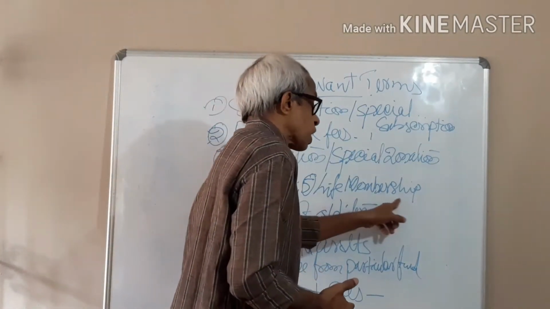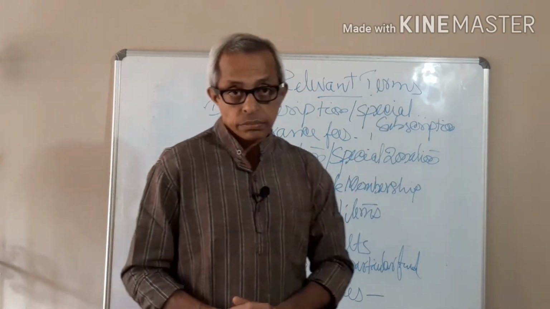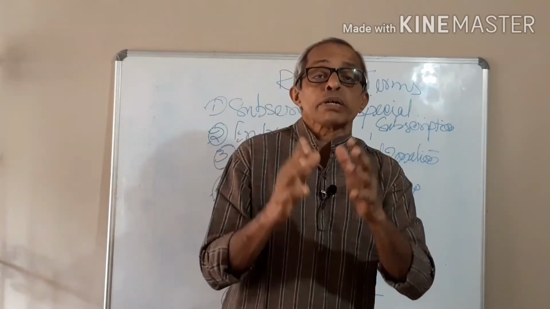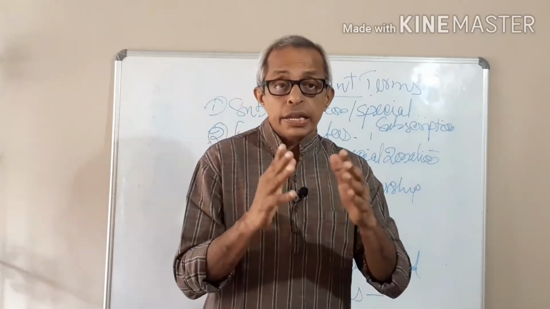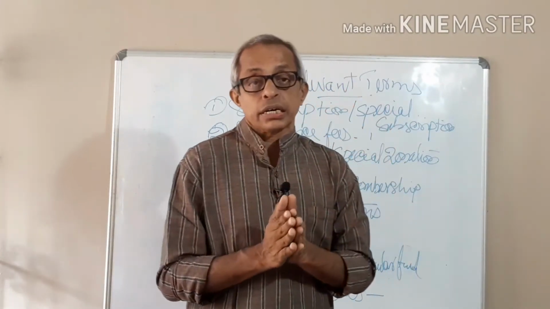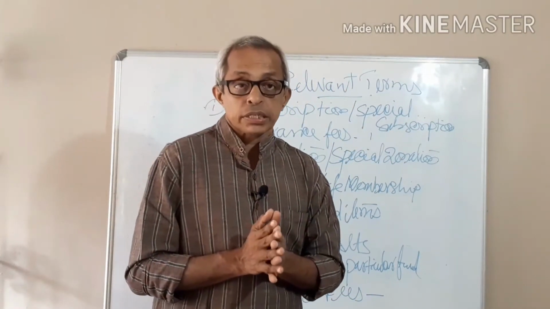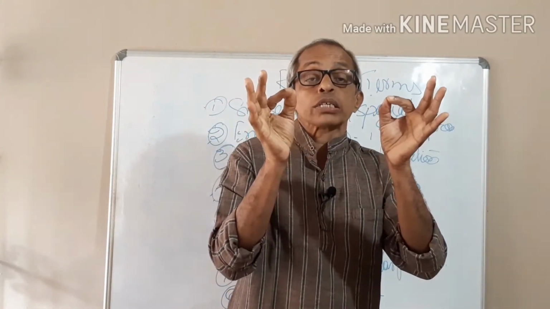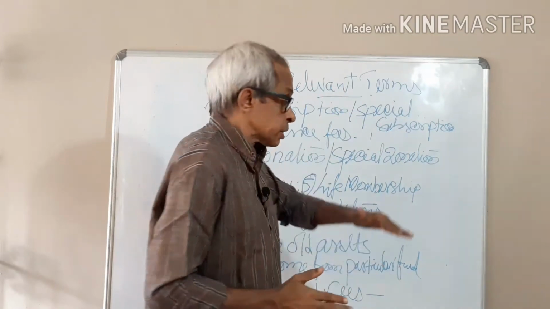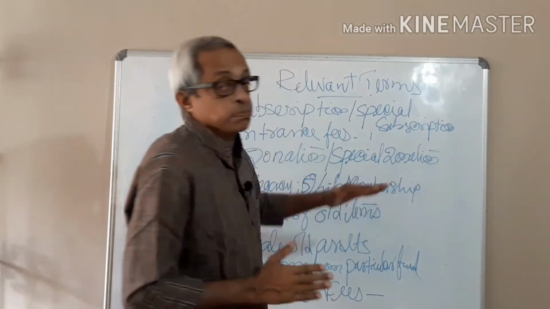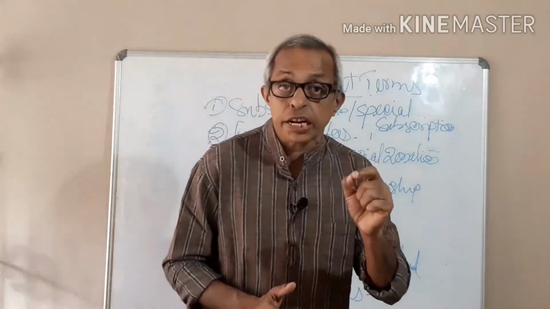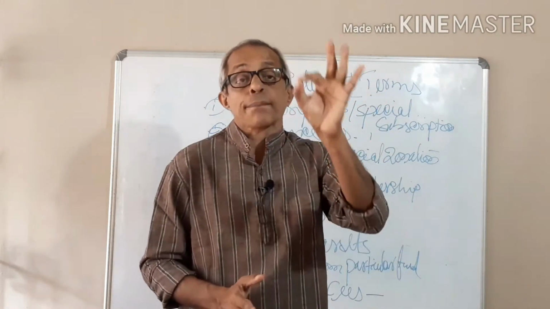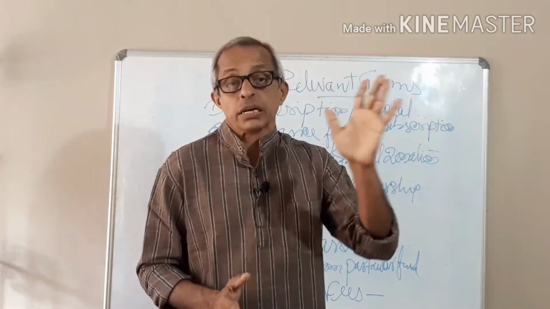And the next is life membership. Life membership is collected by the non-trading concern from the members only once in a life. That means this life membership is paid only once by a particular person.